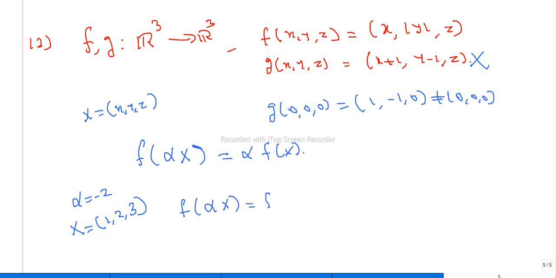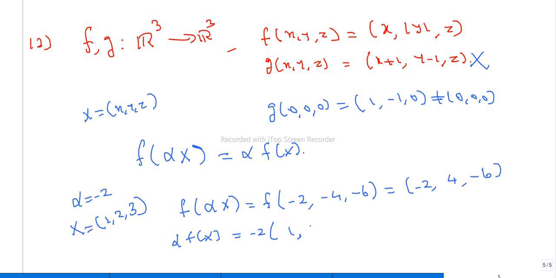So what is f of alpha times x? You have to multiply alpha to each coordinate, we get (minus 2, minus 4, minus 6). By the definition of f, this should be (minus 2, modulus of minus 4 which is 4, minus 6). But what is alpha times f of x? Alpha is minus 2 times f of x, which is (1, modulus of 2 which is 2, 3).